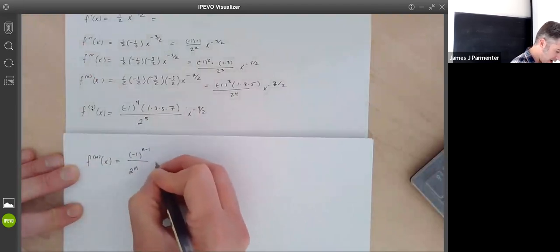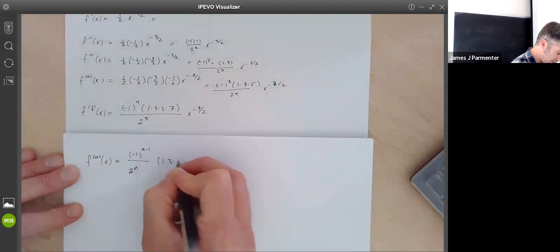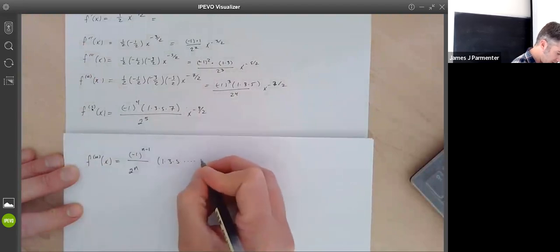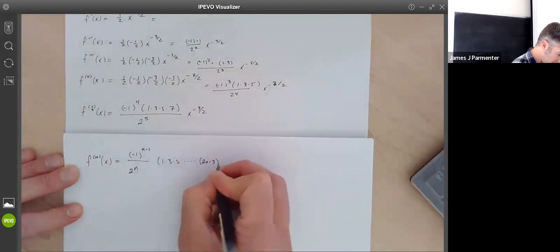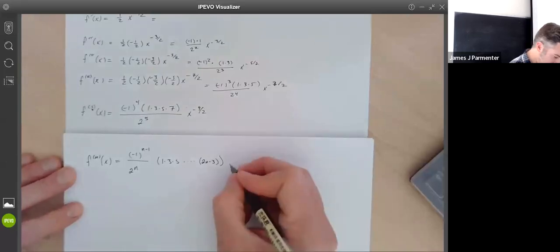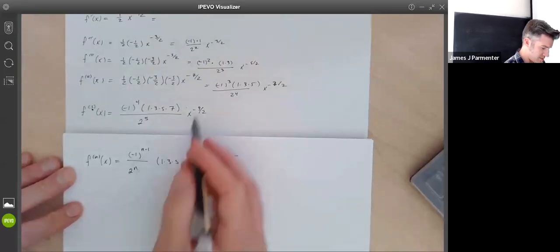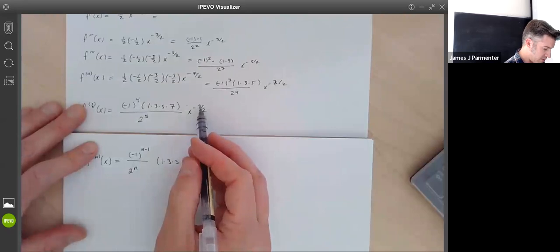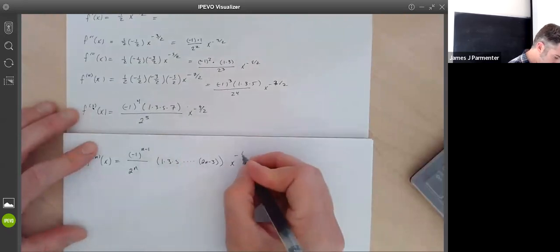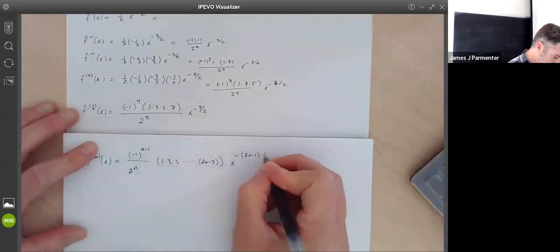And then we're going to multiply by 1 times 3 times 5 times all the way up to 2n minus 3 times x to the negative. Ooh, that's the 9. So that number is 2 bigger than that. So that's a 2n minus 1 over 2.